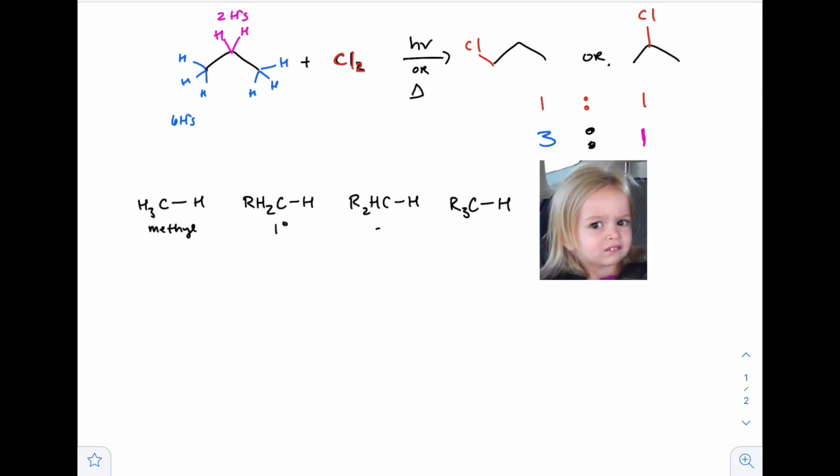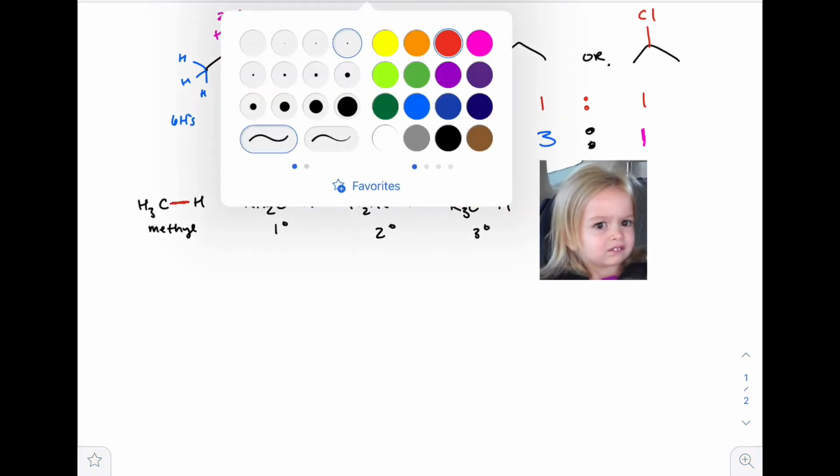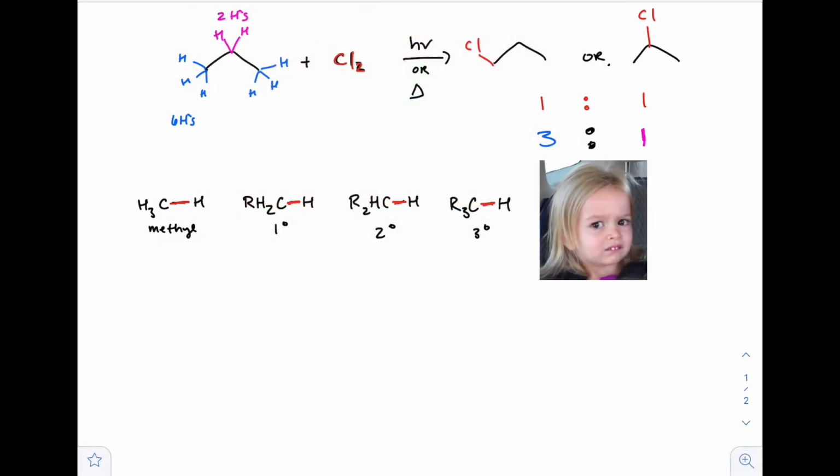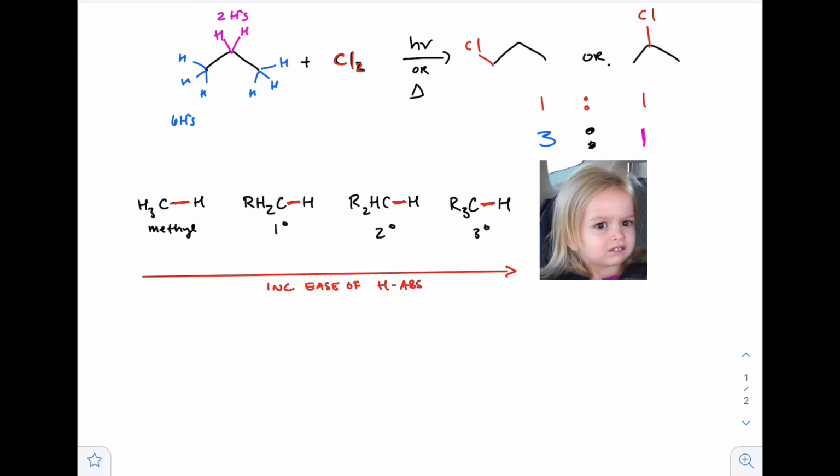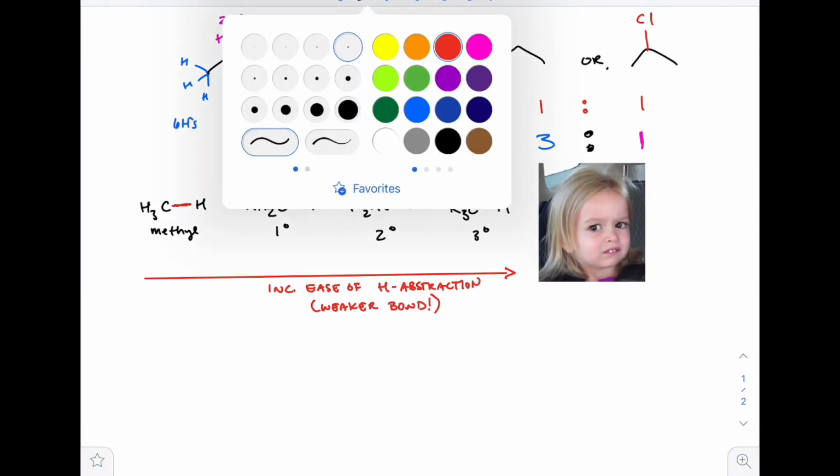So there's the methyl, primary, secondary, and tertiary. And then I'll highlight in red again those CHs just so we know what we're focusing on. And then as we go from left to right, we have an increasing number of R groups, but then we also have an increased ease of hydrogen abstraction. And that means that is going to be a weaker bond.